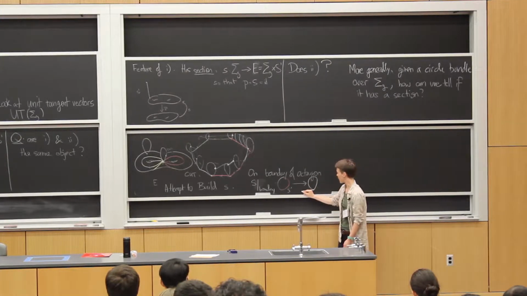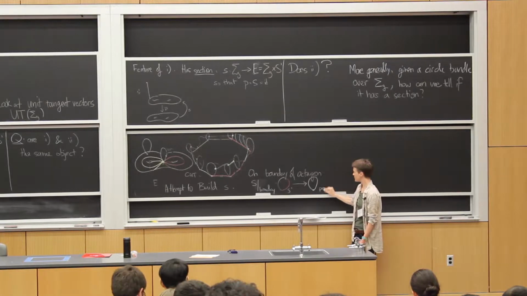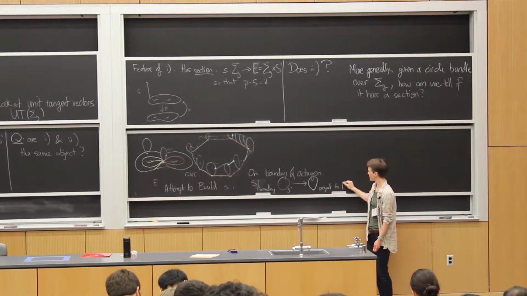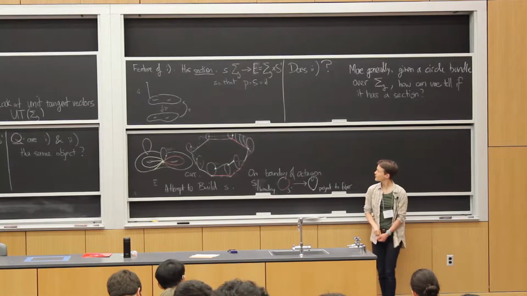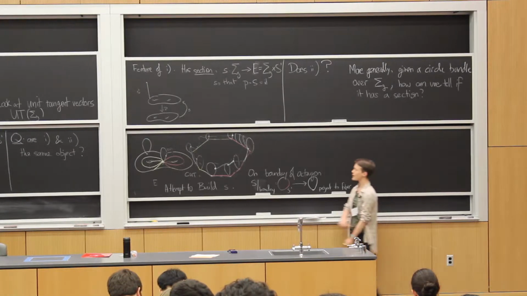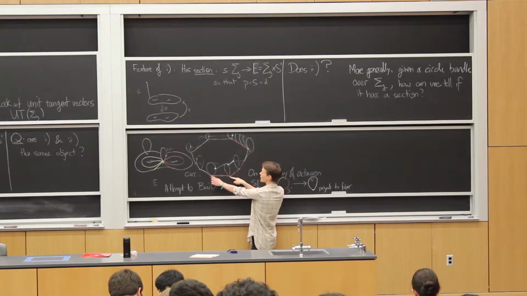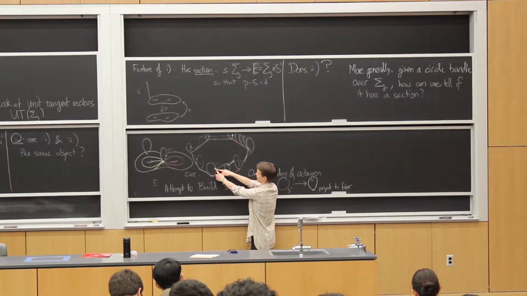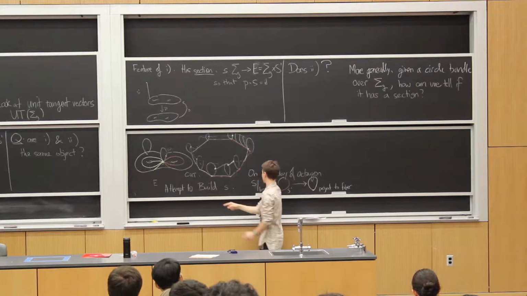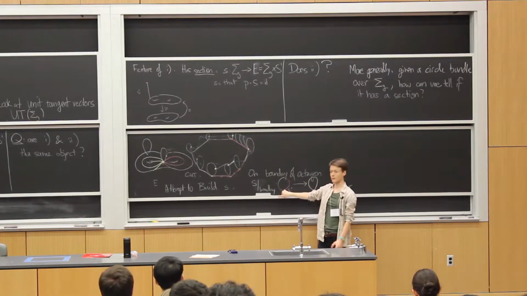So I'm going to see what I did here. I just tried by hand to build a section. And what I got is over here some kind of curve going around the boundary, which is a circle across a circle.